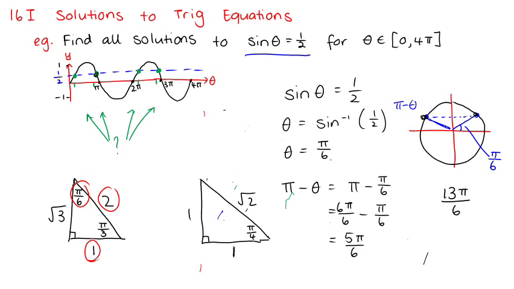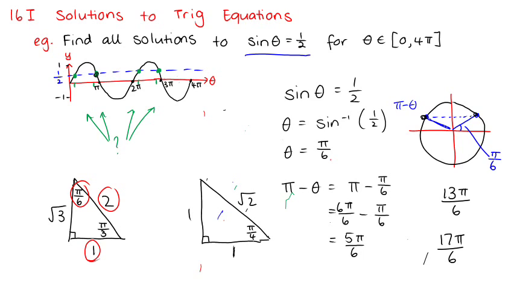And then go over here. So that would be 1 pi, 2 pi, 3 pi minus pi on 6. So 3 pi is the same as 18 pi on 6. Take 1 pi on 6, 17 pi on 6.